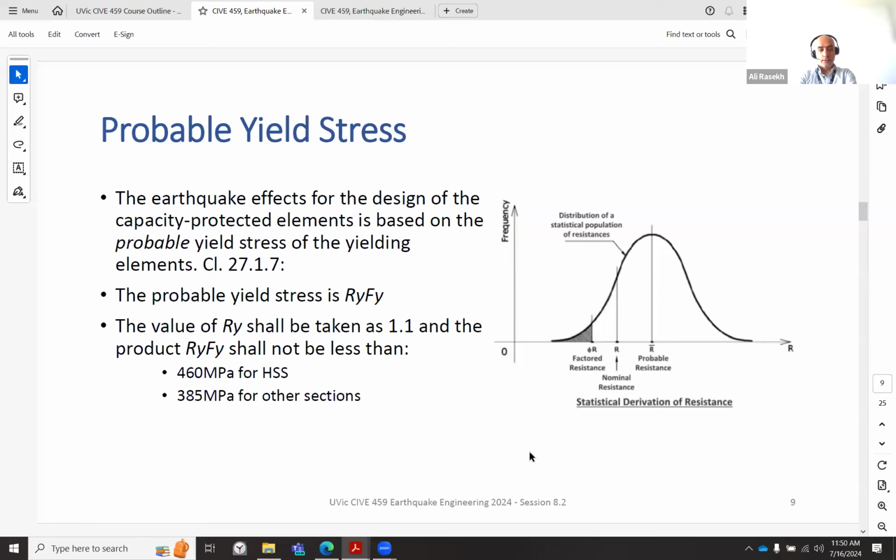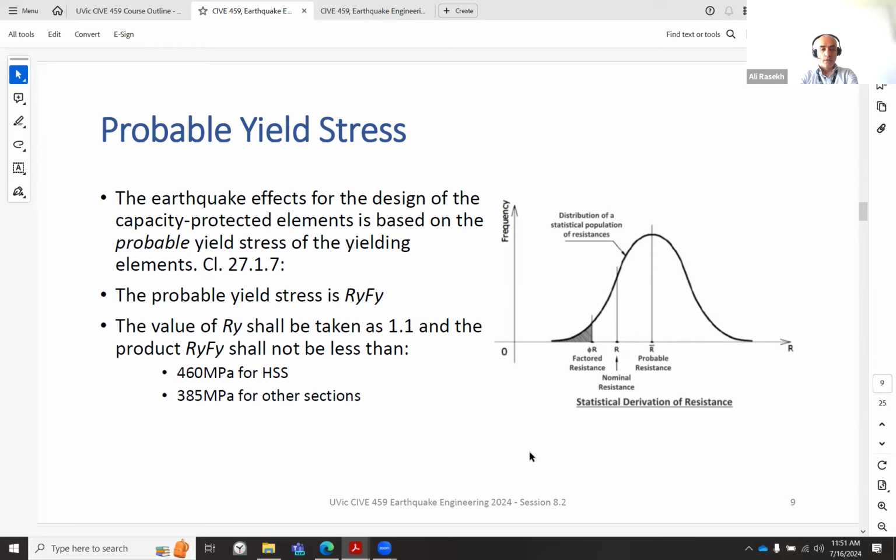Probable yield stresses. So that's a good discussion in capacity protecting. The earthquake effects for the design of the capacity protected elements are based on the probable yield stress of the yielding elements. And the probable yield stress is Ry Fy.